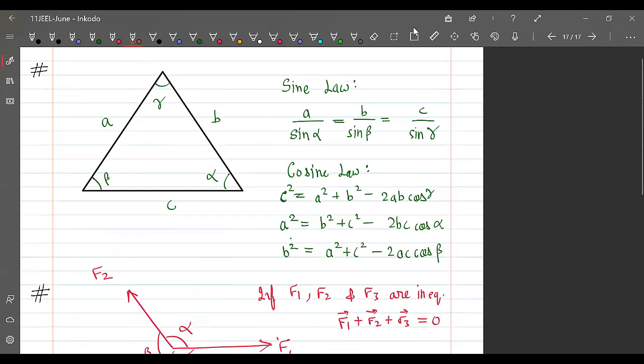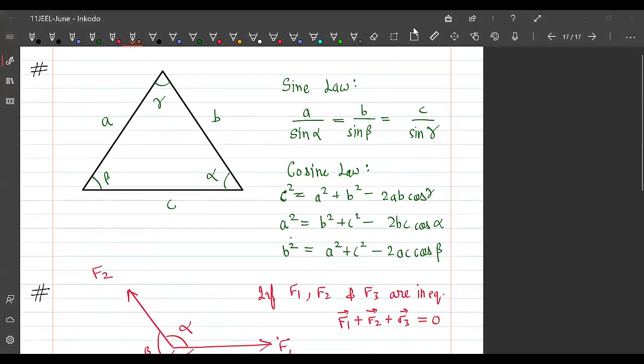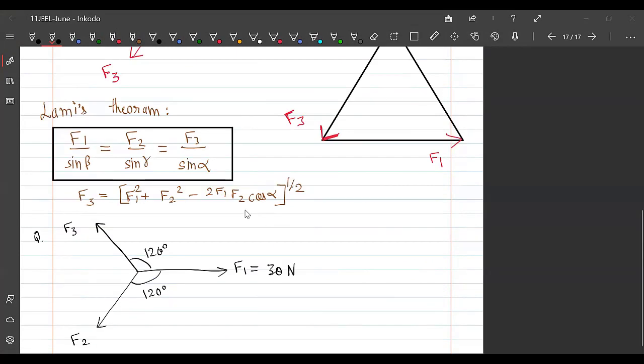अच्छा, note this down. So here you will use this relation F1 by angle opposite to this. This is 120, 120. So F1 by sine 120, that will be equal to F2 by sine 120.